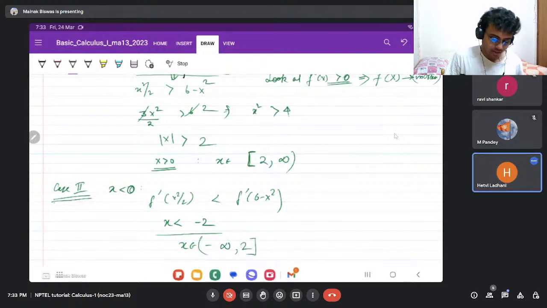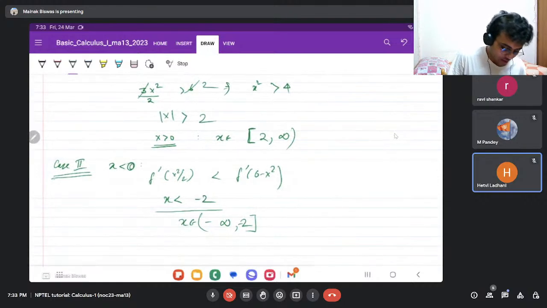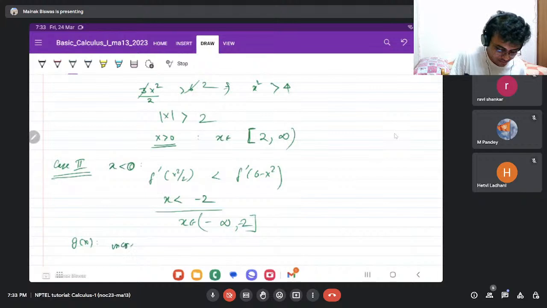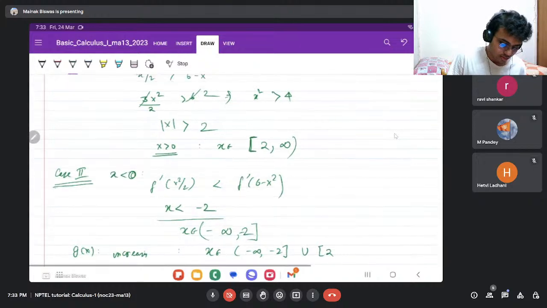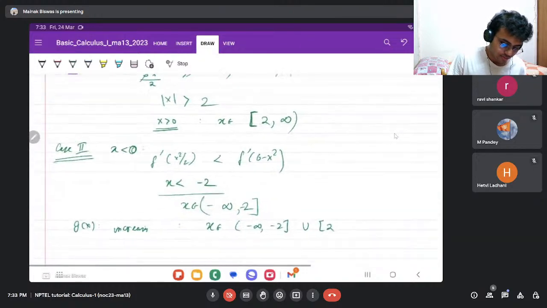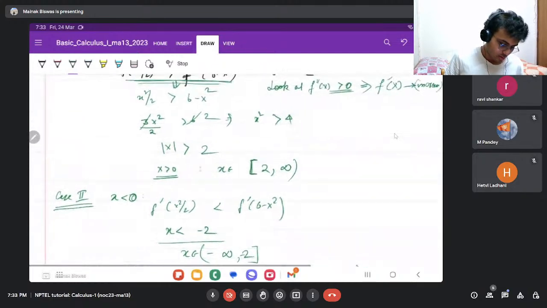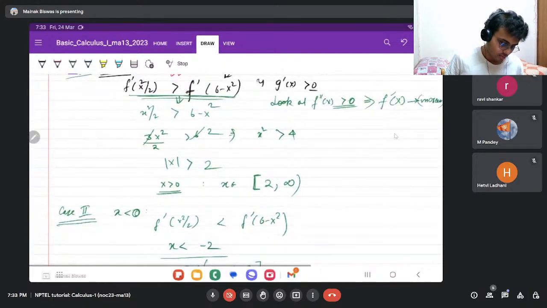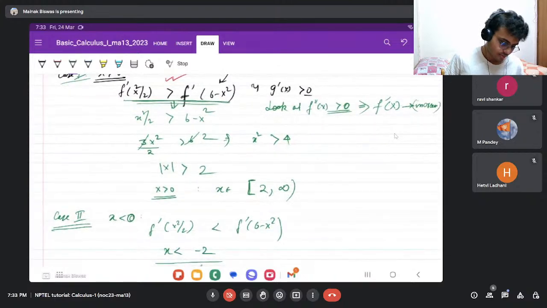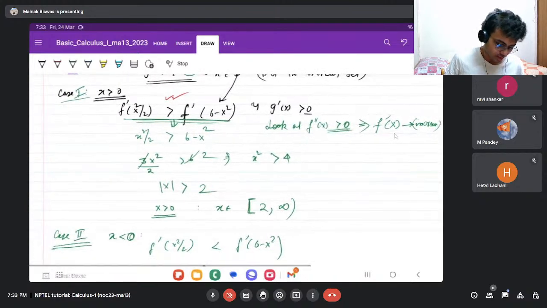So x would belong to minus infinity to minus 2. So g x is increasing for x belongs to minus infinity to minus 2 union 2 to infinity. Am I right? I think so.